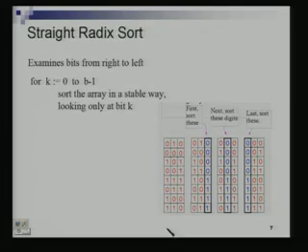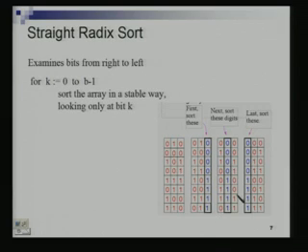This is the collection of numbers you have, and this is the algorithm. You are first going to look at the rightmost bit and sort these numbers based on the rightmost bit. As you can see, after you sorted them, you first have the numbers which have the rightmost bit as 0, and then the numbers which have the rightmost bit as 1.